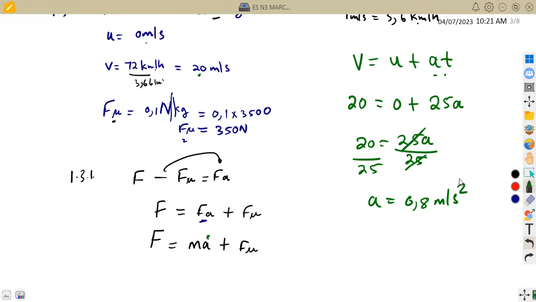So I'm now having the acceleration and the frictional force, which means we can calculate our total force.